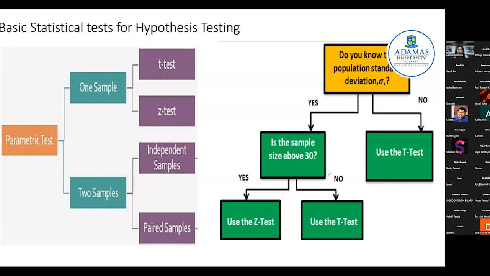A paired t-test is what we do when I have paired data. Suppose for conducting this FDP, I give you a set of questions before I conduct it. You attempt this quiz, which is out of 10 marks, and you score some number from 1 to 10.